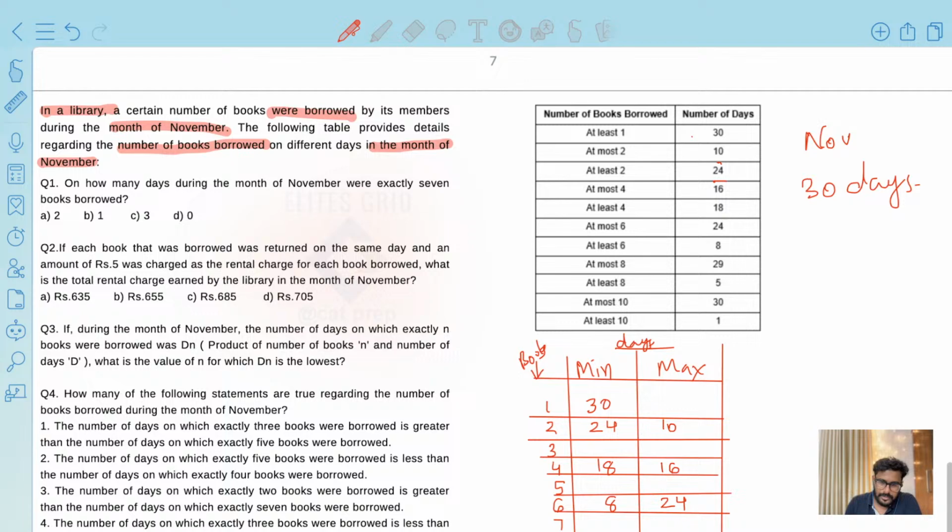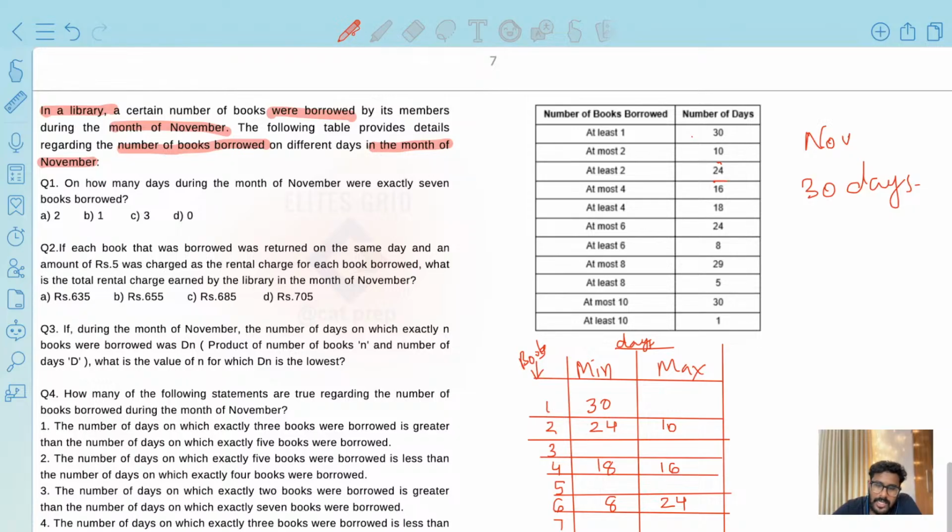What is this? So there is one book, a minimum of 30 days borrowed. Number 10, 10 books. Okay, this 30 minimum means every day a minimum of one.